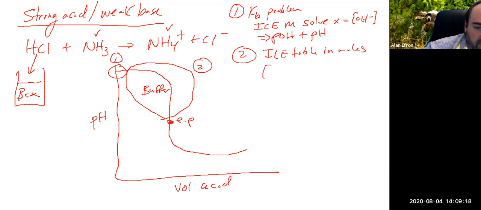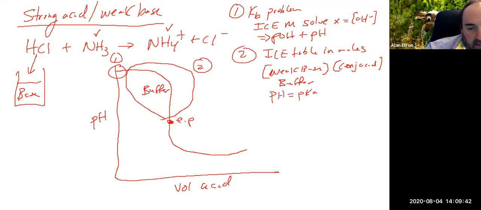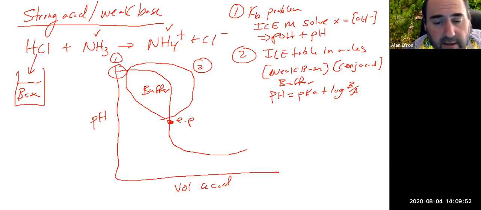Once you do, you can convert it back to molarity, which will give you the concentration of your weak base and your conjugate acid. Again, that is really a buffer in this particular case, and we will end up with a basic buffer, which means you could still use the Henderson-Hasselbalch equation, even though it's basic. Or just like we talked about previously, you could also have done a second ice table and forget about the Henderson-Hasselbalch equation at that point.